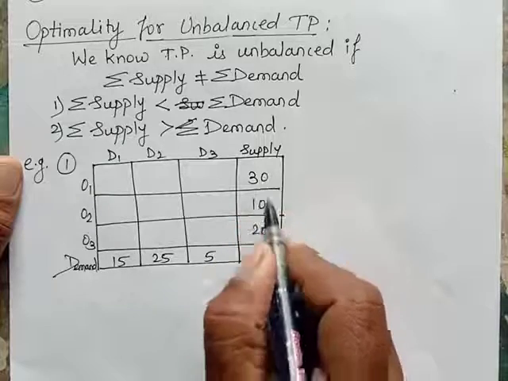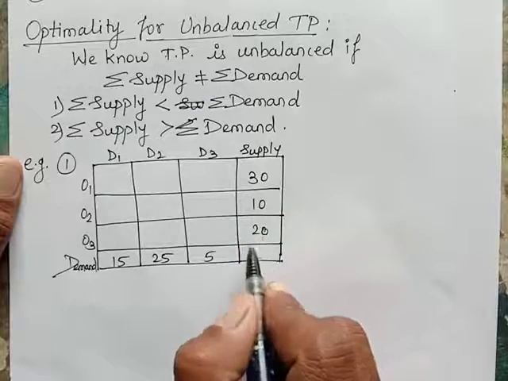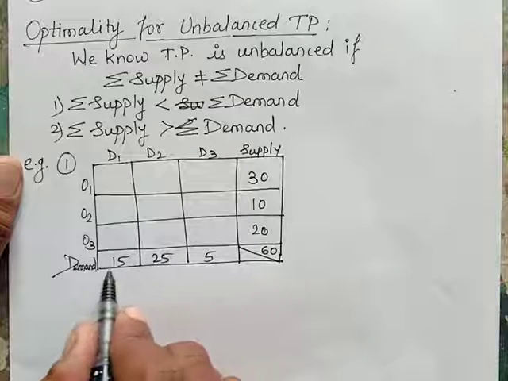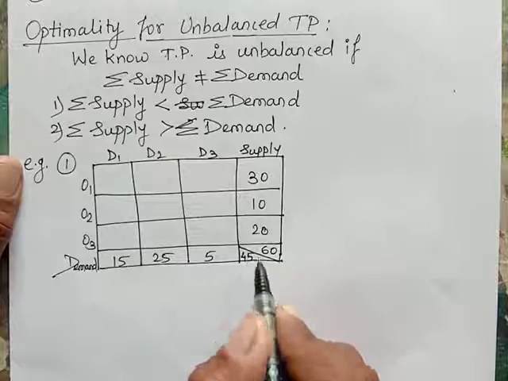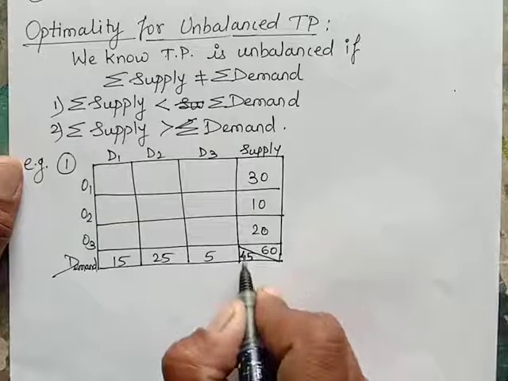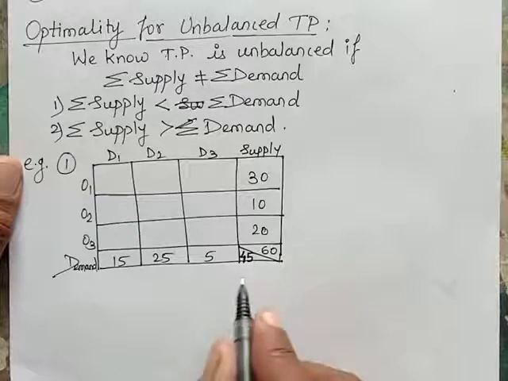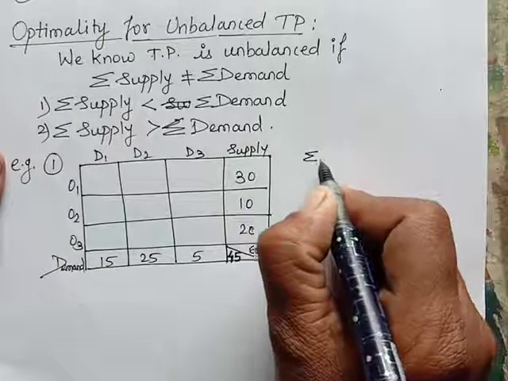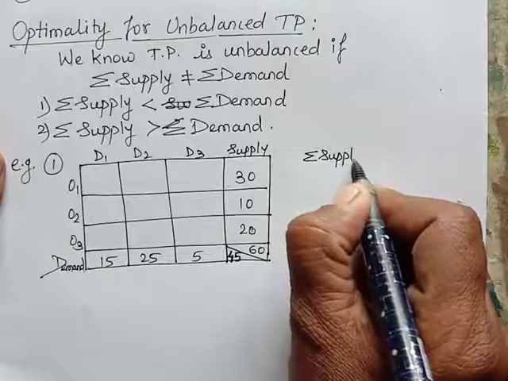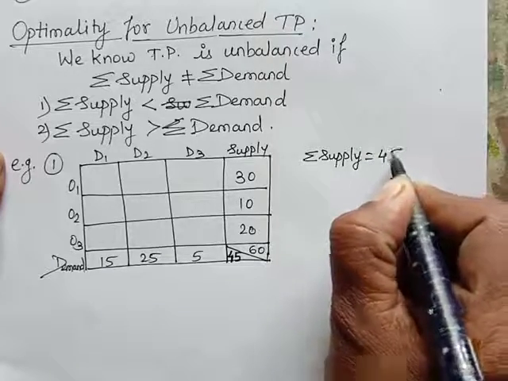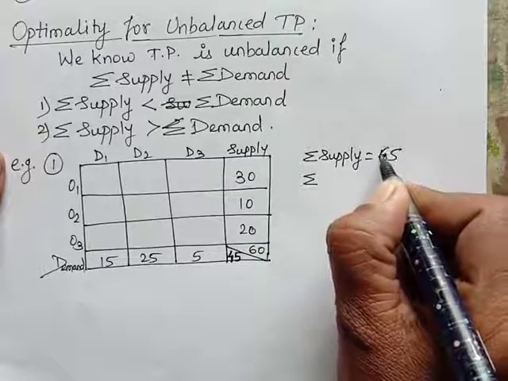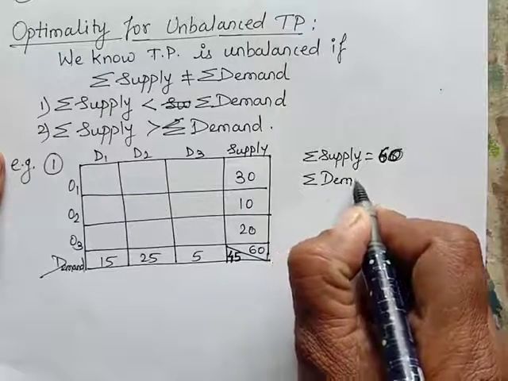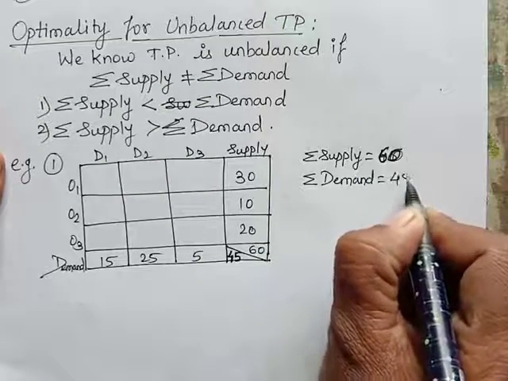Now what is the addition of supply? 30 plus 10 plus 20 will be 60, and demand is 15 plus 25 plus 5, 45. Okay, so demand is 45 and supply is 60, so this is not a balanced TP. Summation supply is 60 and summation demand is 45.